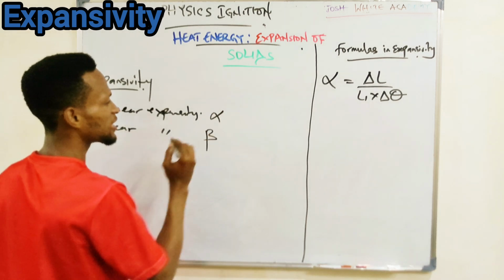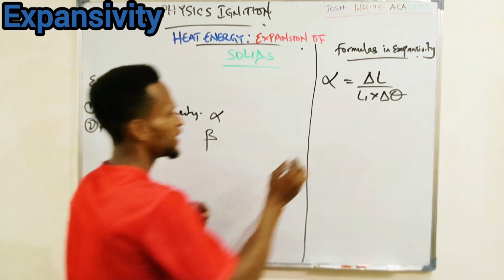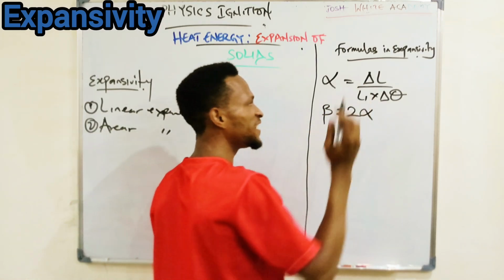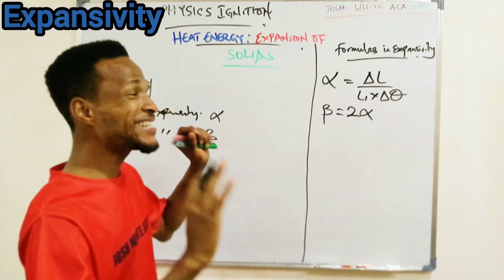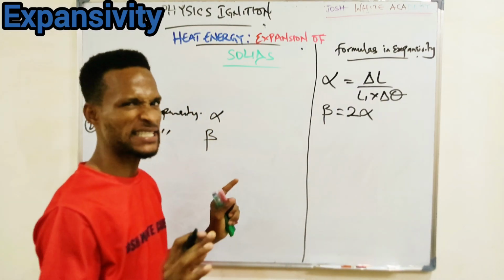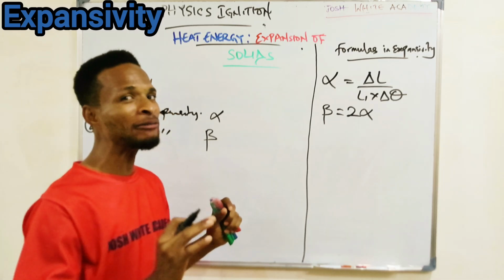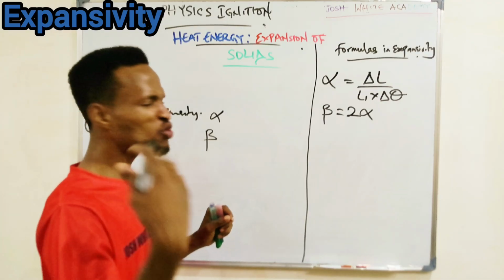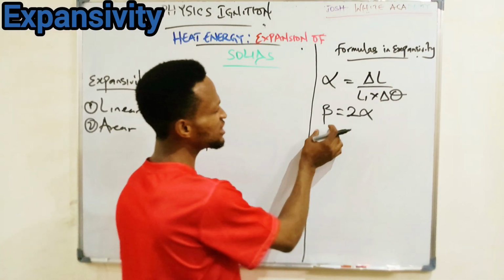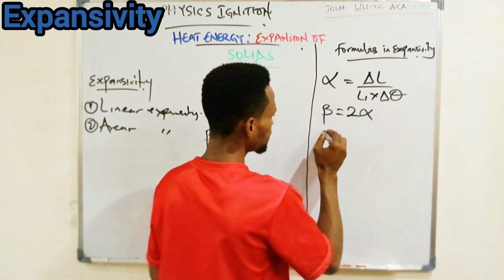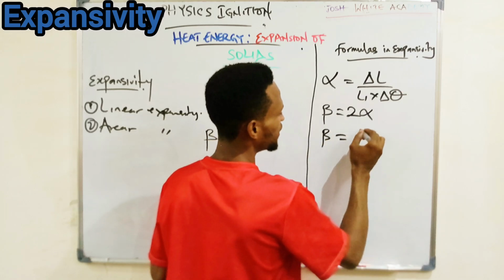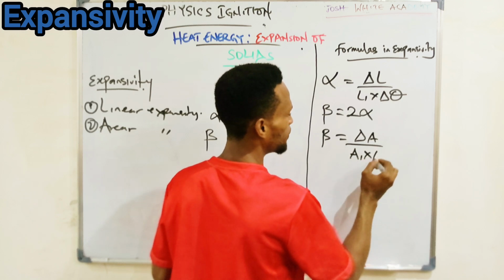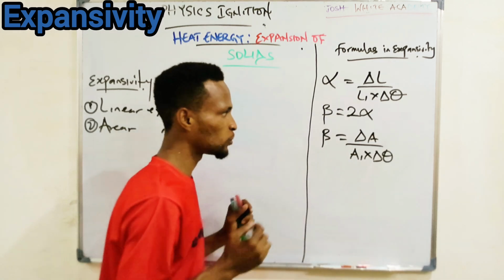The symbol is our beta sign. Area expansivity is actually 2 times linear expansivity. Linear expansivity just has to do with length, whereas for area expansivity, remember area is length times breadth, or length squared, so it is times 2. That means area expansivity is change in area all over initial area multiplied by change in temperature.